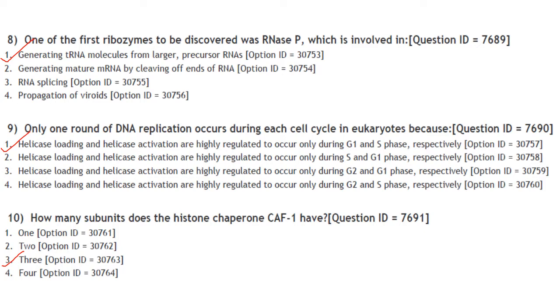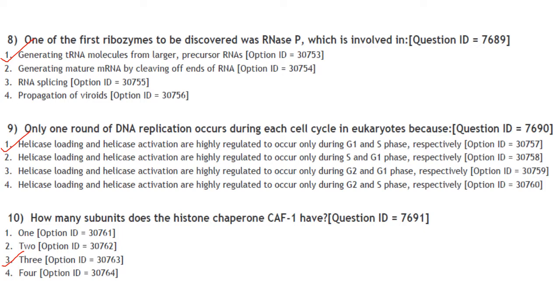Only one round of DNA replication occurs during each cell cycle in eukaryotes because helicase loading and helicase activation are highly regulated to occur only during G1 and S phase respectively. Once the loading of helicase happens, there is unwinding of long stretches of DNA. Once this replicative helicase is activated, that is helicase activation, the origin of DNA is unwound and bidirectional replication forks are established.